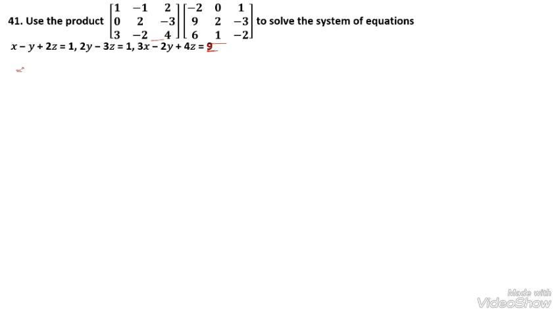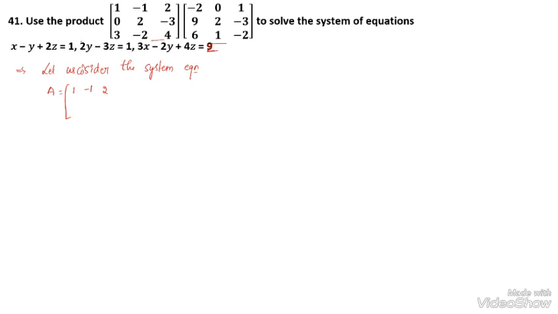Now, first, let us consider the system of equations. The system of linear equations can be written as a matrix. I can write the A matrix first. The coefficients of x will be 1, y is minus 1 and z is 2.